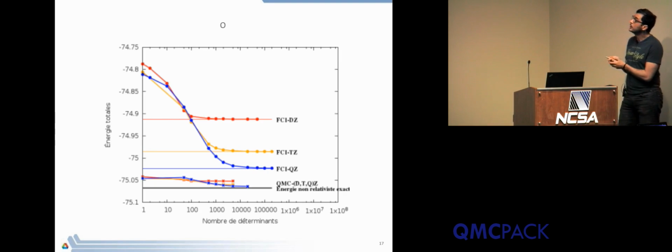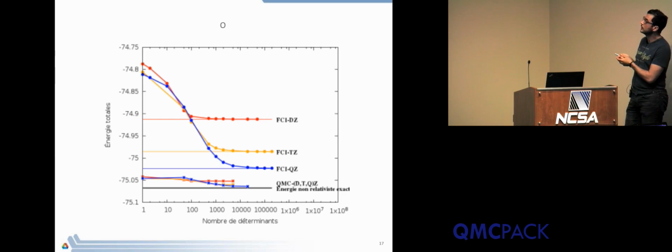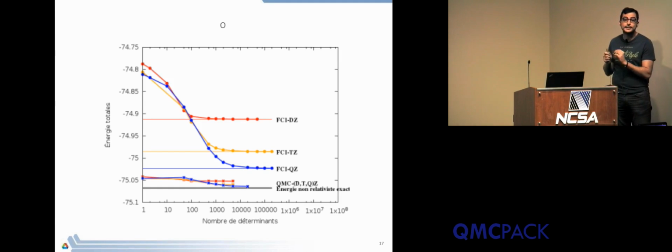Well, very simple. So here, the solid lines are the full CI value for the basis set that we want. So this is at a double zeta, triple zeta, quadruple zeta, and this is the full non-relativistic energy. So this is the exact energy.